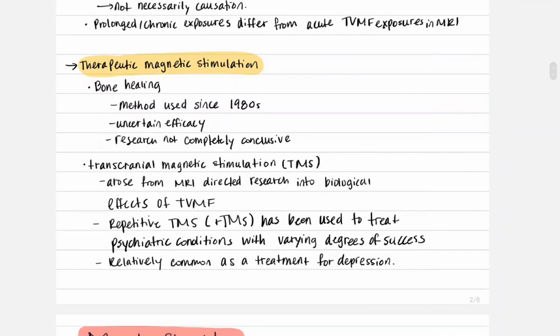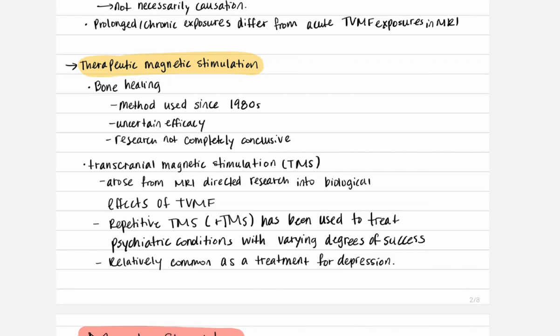Therapeutic magnetic stimulation, or TMS, has been used for bone healing since the 1980s. And although it's not entirely clear what its efficacy is, and the research regarding the mechanisms and effects is not completely conclusive, it is a method that has been used clinically for a while.